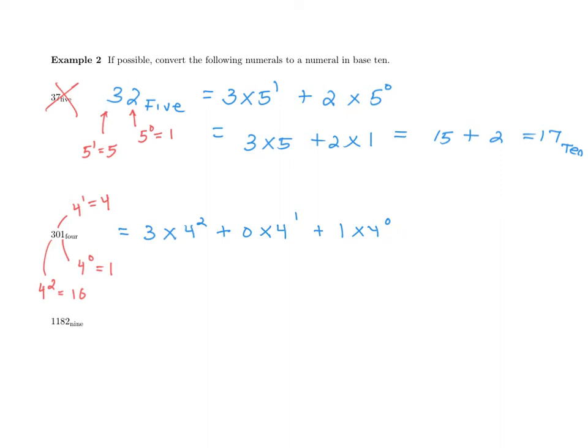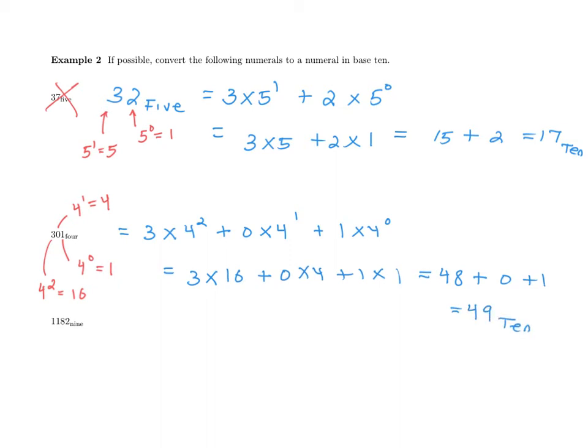If we simplify this, this will be a base 10 number. So that's 3 times 16, plus 0 times really just 4, and then plus 1 times 1. All right, so 3 times 16 is 48, plus 0 plus 1, this is 49, and that's 49 base 10.